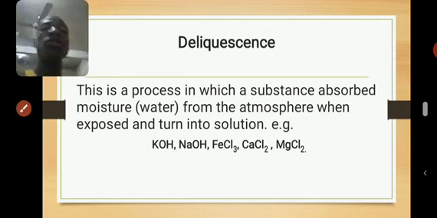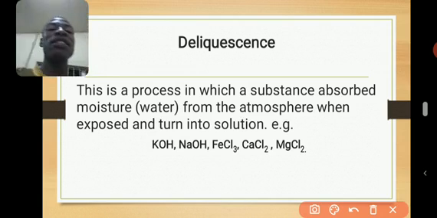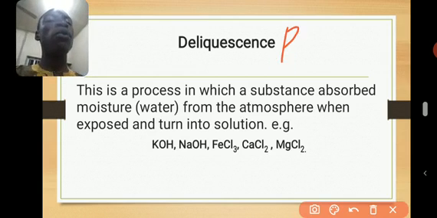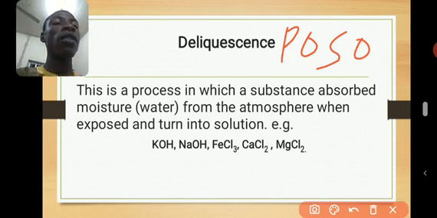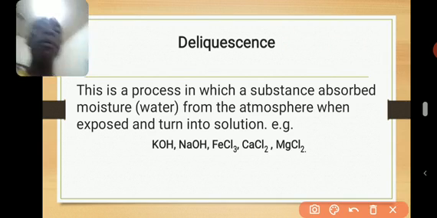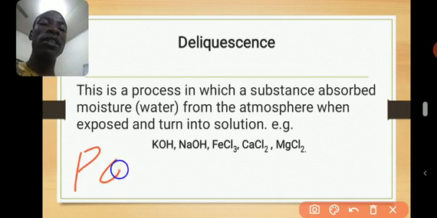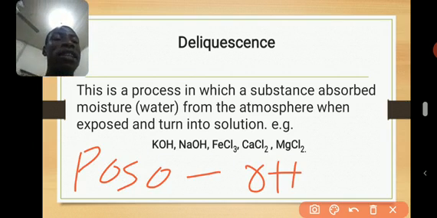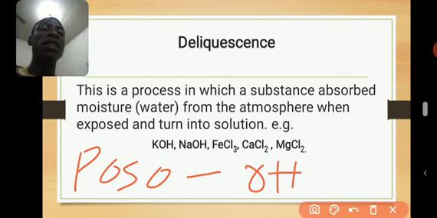I normally give my students this thing, so it will also be of help to you. I give them POSO. Let me write it somewhere. I give them poso hydroxide. Do you know poso hydroxide? Potassium hydroxide, sodium hydroxide.